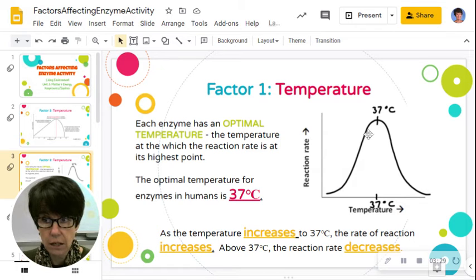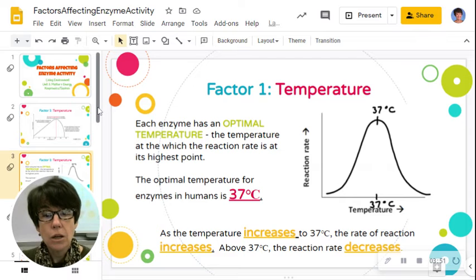And we can see that in the graph. We're just putting words to the line. So as temperature increases up to 37 degrees Celsius, the rate of the reaction increases, and if I go above 37 degrees Celsius, the rate of the reaction goes down.